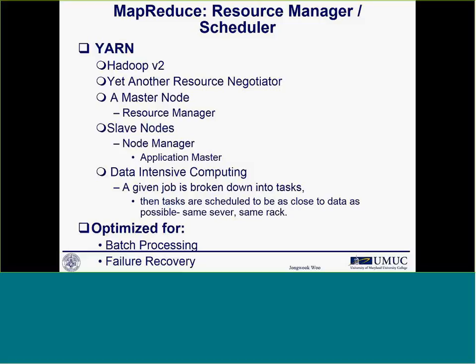So your Hadoop cluster, especially for MapReduce, has a single master node that has a resource manager process, and you have multiple slave nodes that have node manager processes, and it can also generate an application master for each application that you want to run. And also, this is based on data-intensive computing.